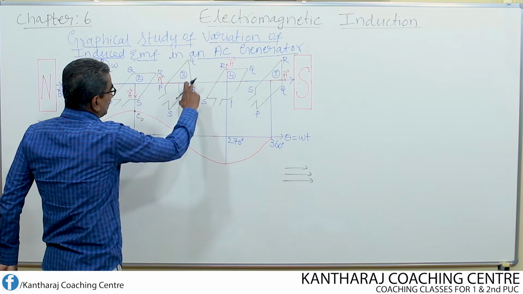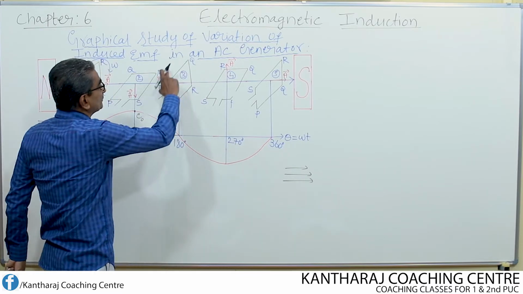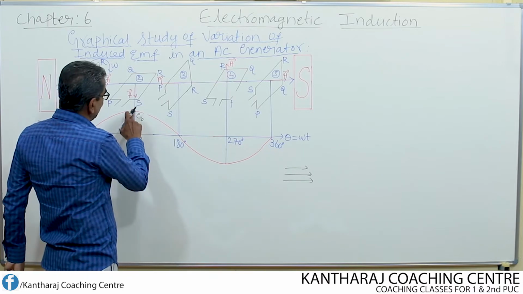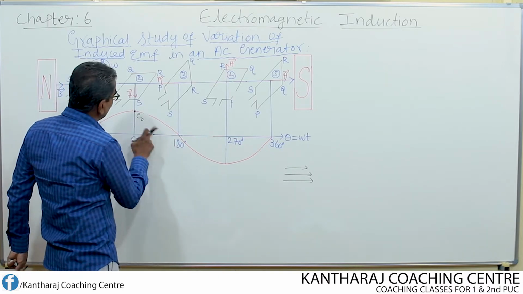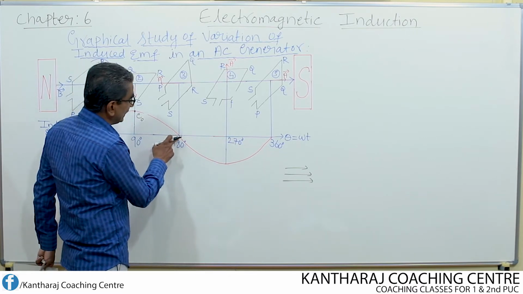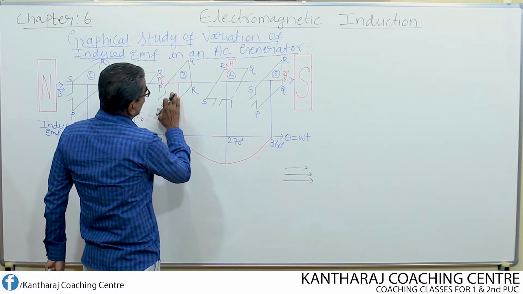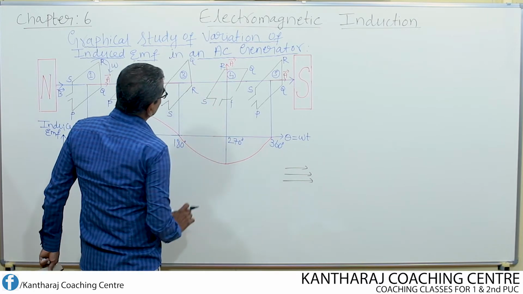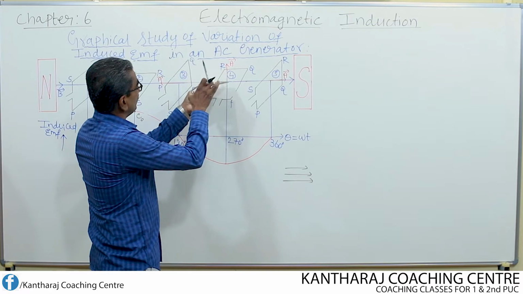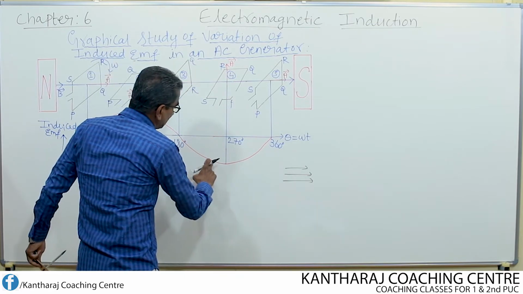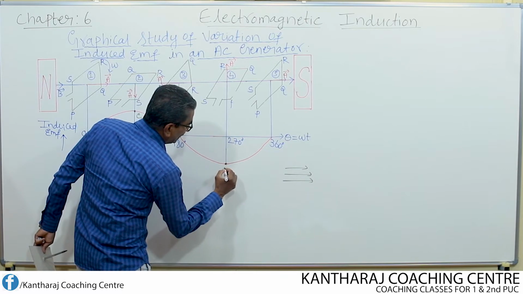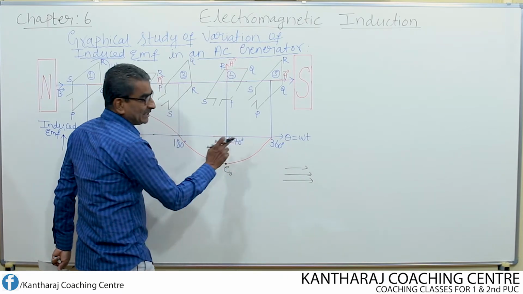So the EMF that is produced in the coil, remember, is produced between the two ends of the coil. So the magnitude of induced EMF now decreases from maximum to minimum. Then once again when the coil is rotated from 180 degree to 270 degree position, the magnitude of the induced EMF increases and it becomes maximum when the coil is at 270 degree position.